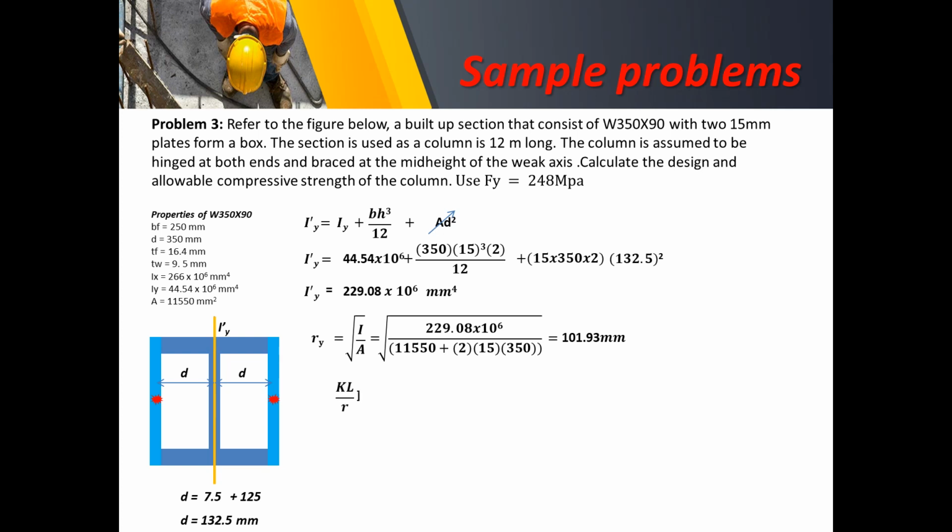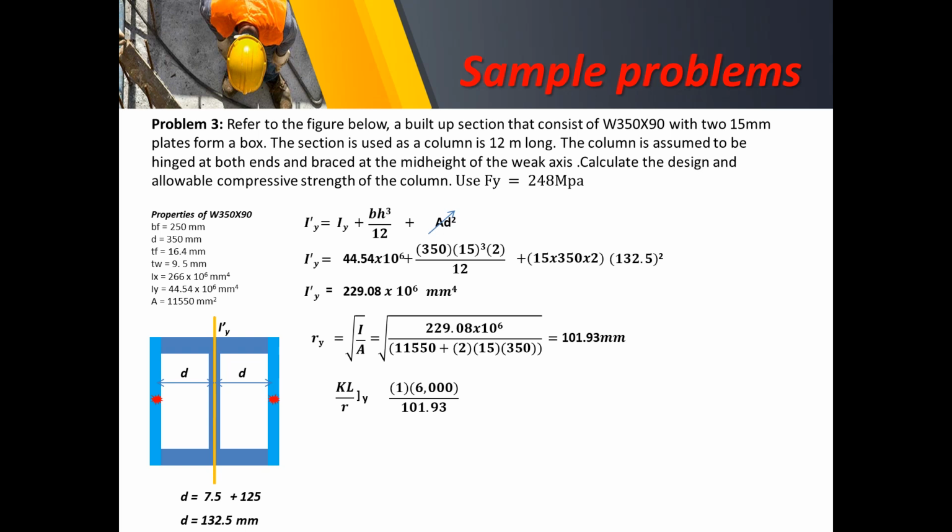So KL all over r will be computed for y. In here, we use 6,000. Why 6,000? Because there is a condition in the problem. The column is assumed to be hinged at both ends and braced at the mid-height of the weak axis. And obviously, the weak axis is the y.